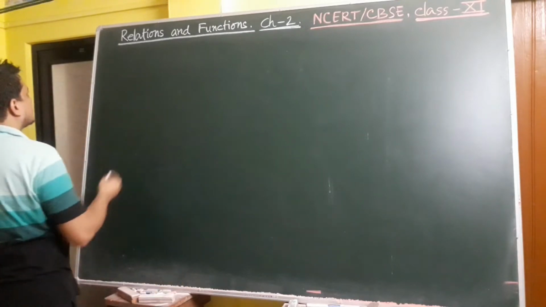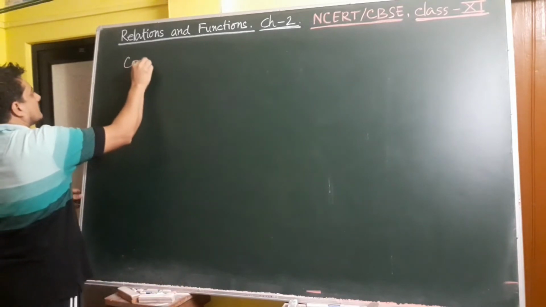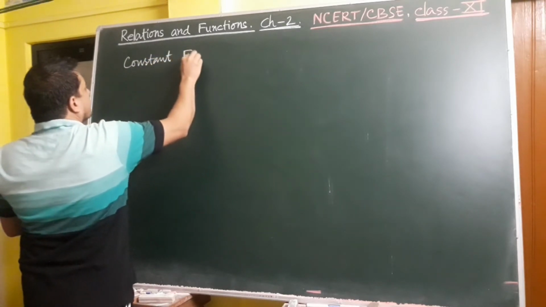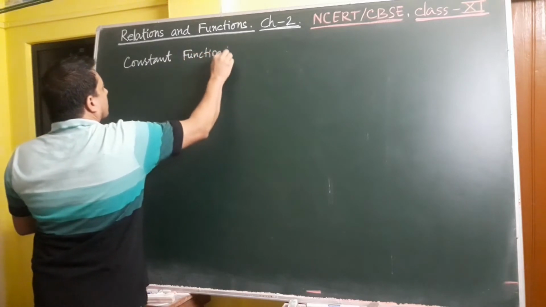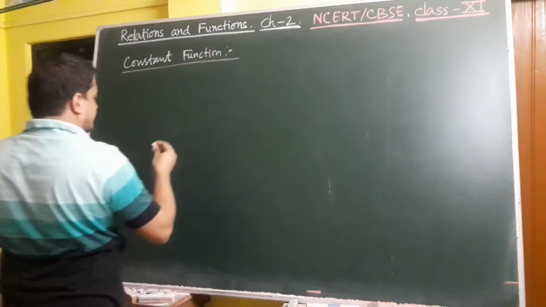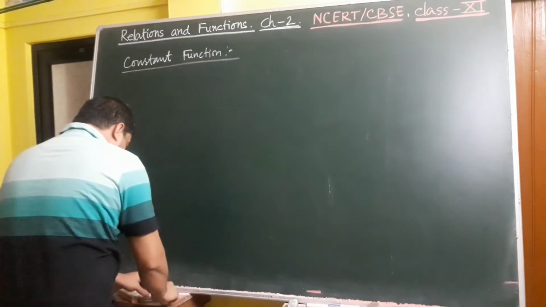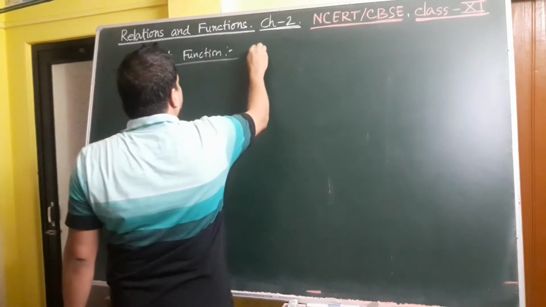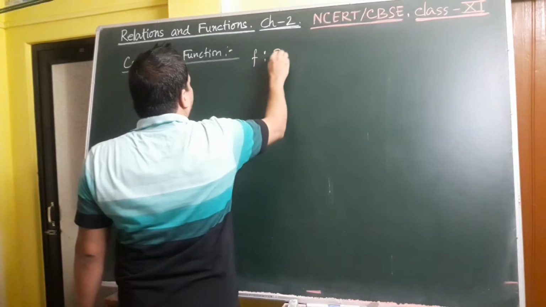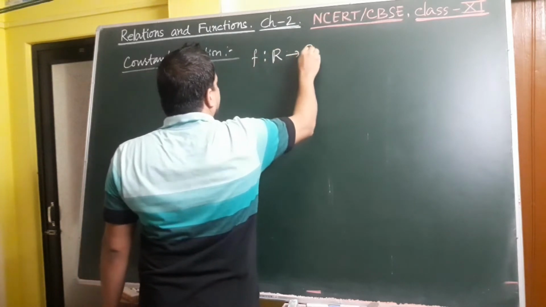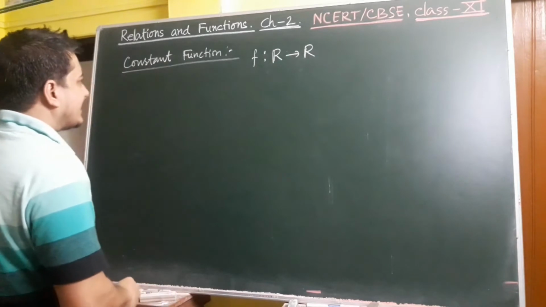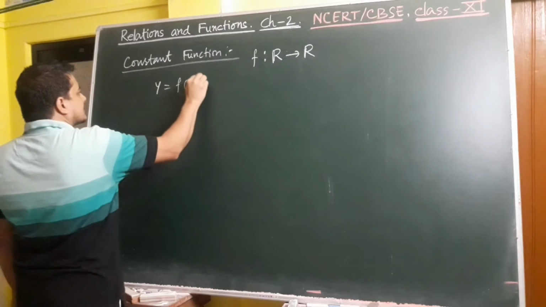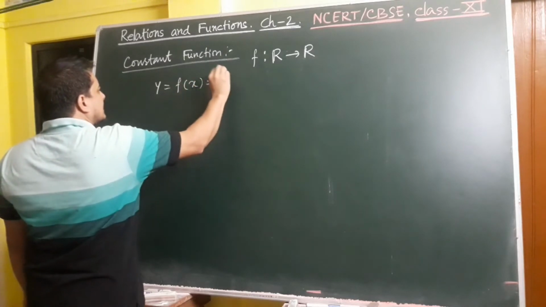Now, constant function. Any function f from R to R, just like before, written in the form y is equal to f of x is equal to c, where c is any constant value.